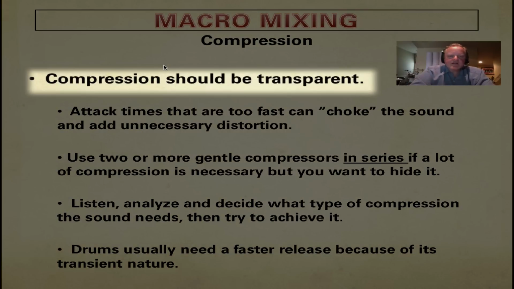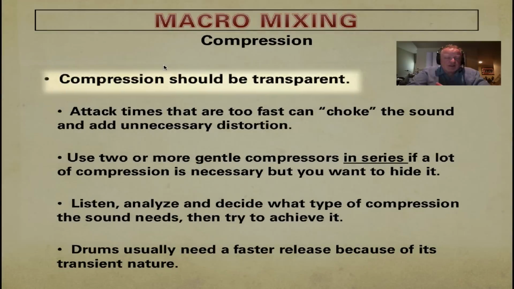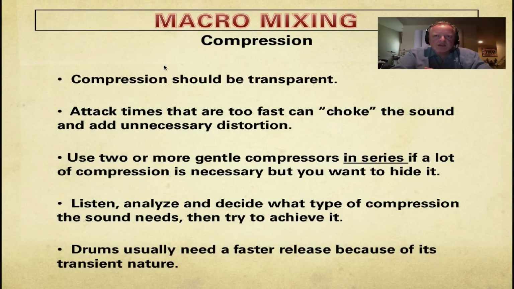Now, a couple of things everyone should consider. Compression should be transparent. Transparent means the audience and the listener should not really be able to hear compression. This doesn't really apply to all genres. Sometimes compression really works. I would say, for instance, in rock, compression can be vital for drums.